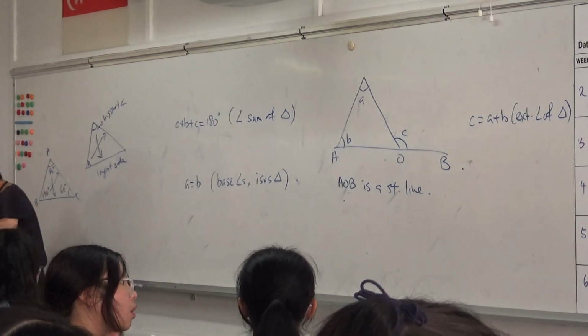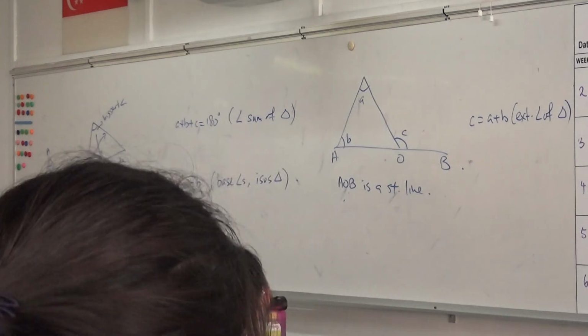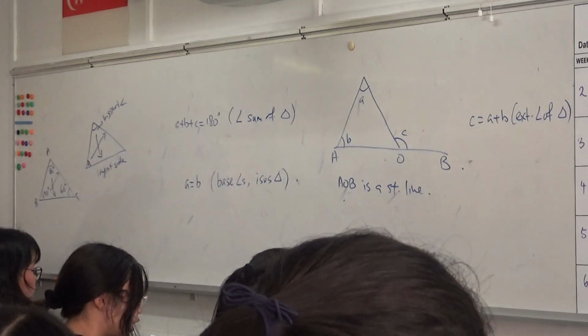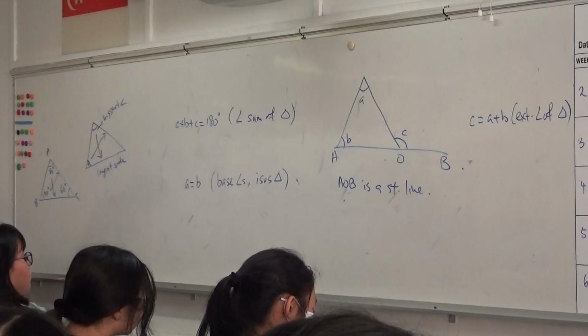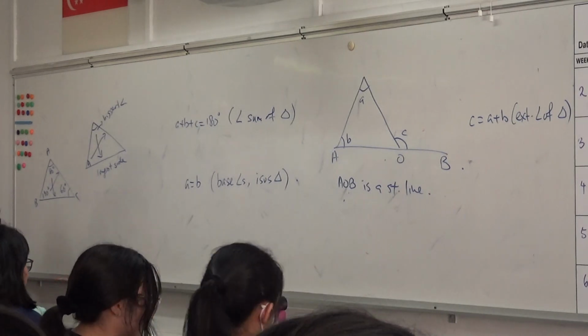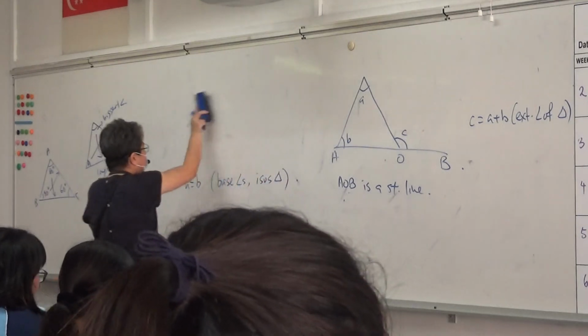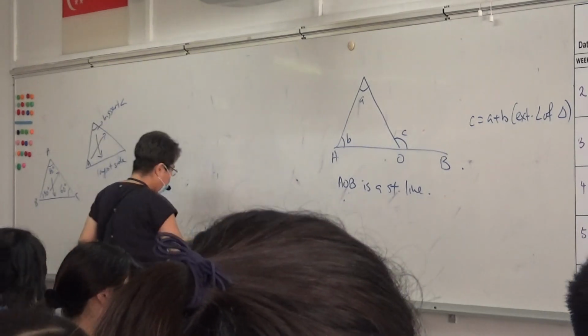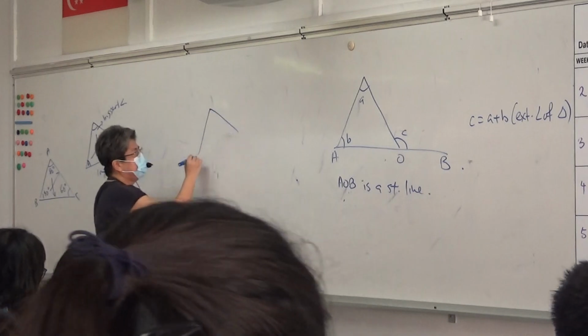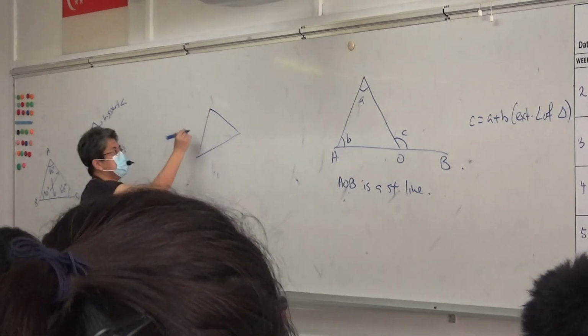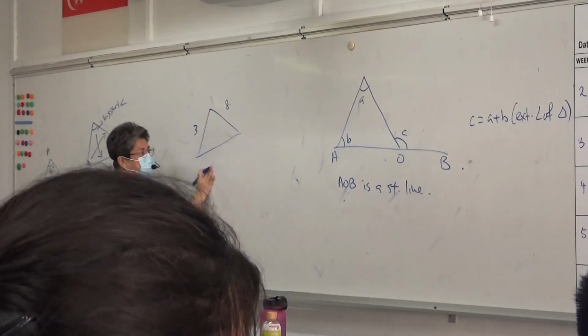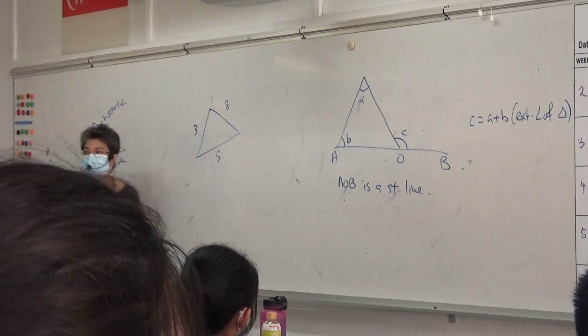If you look at the second part: the sum of the lengths of the two shorter sides of a triangle must be greater than the length of the third side. That means, for a triangle to exist, let's say I have 2, this is the longest side. If this is 3, this is 8, this can be 5.